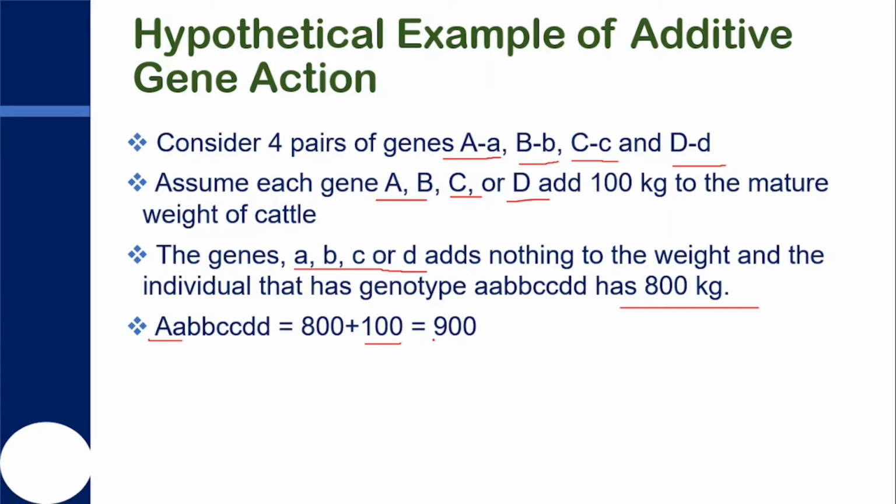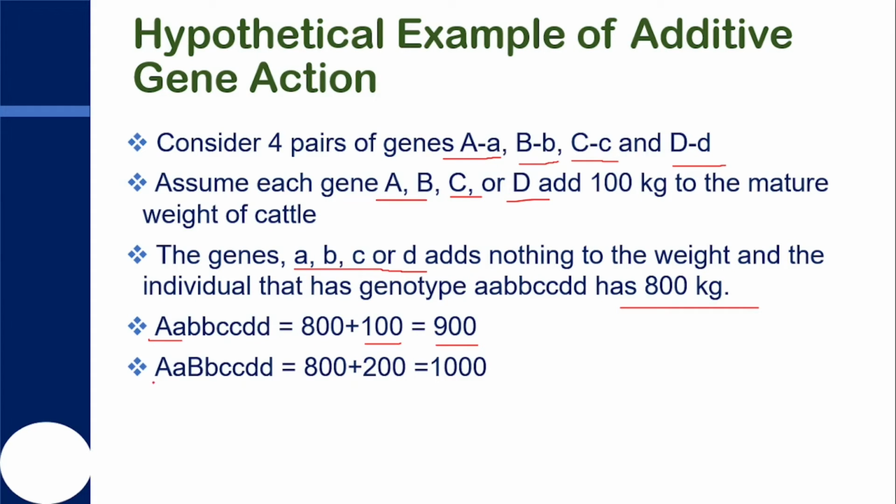So 800 plus 100 now becomes 900. So the individual which has one capital gene and all other small genes would have the phenotype 900. And we are also assuming that there is no influence of environment.